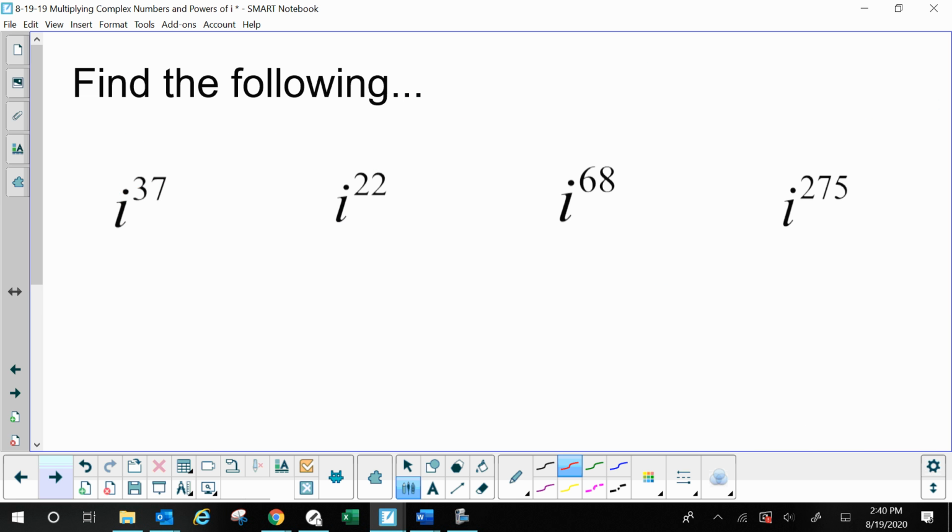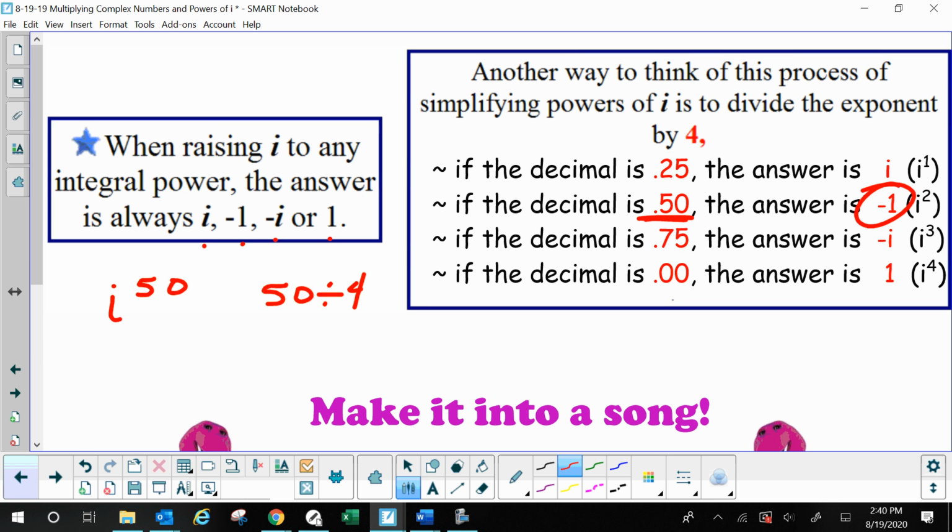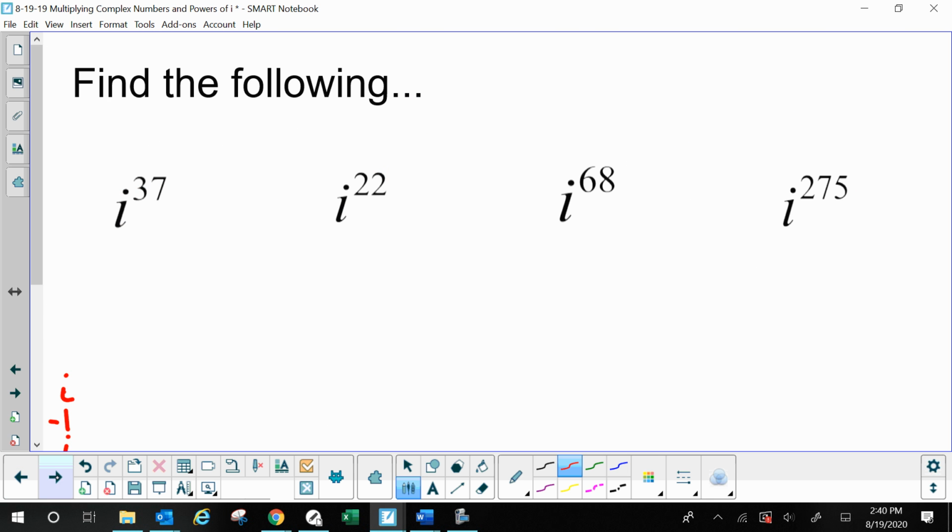So if you have i to the 37th power, the first thing I like to do is i, 1, the middle two are negative. And we have, what was the progression? 0.25, 0.5, 0.75, 0.0.